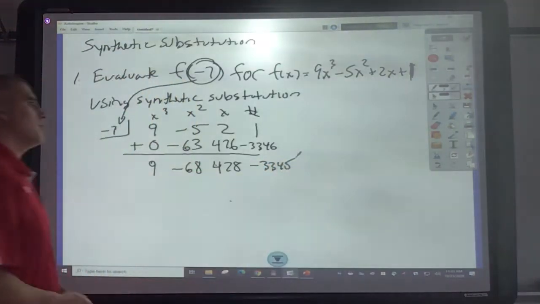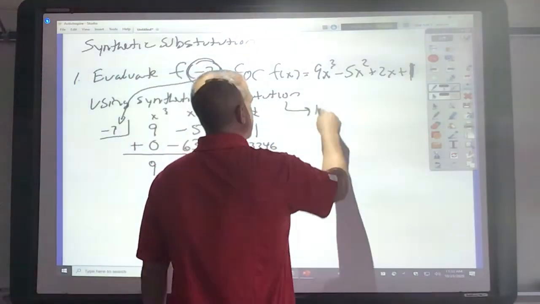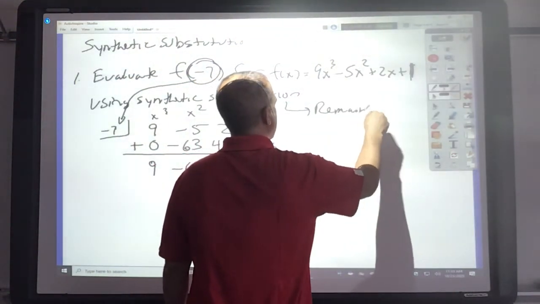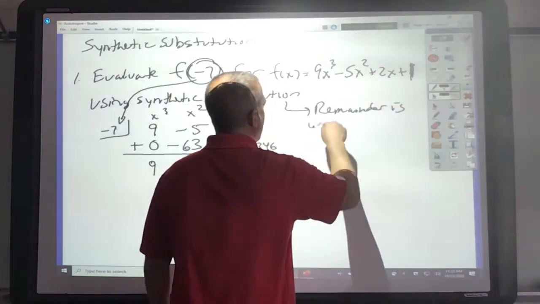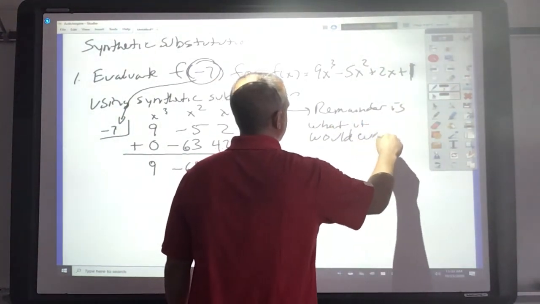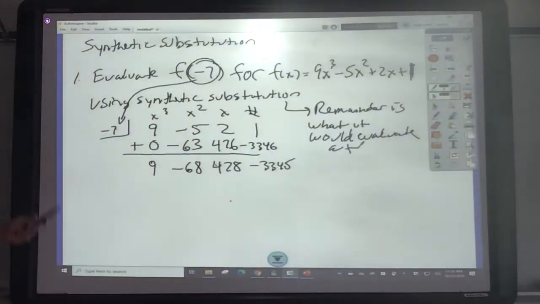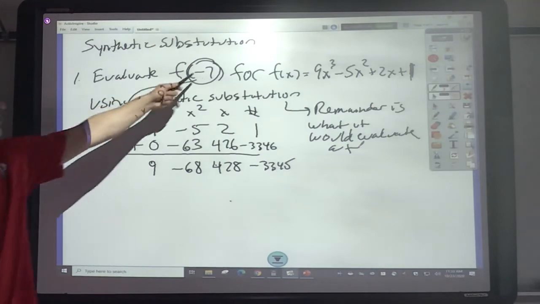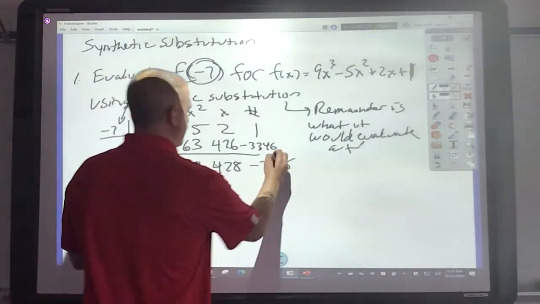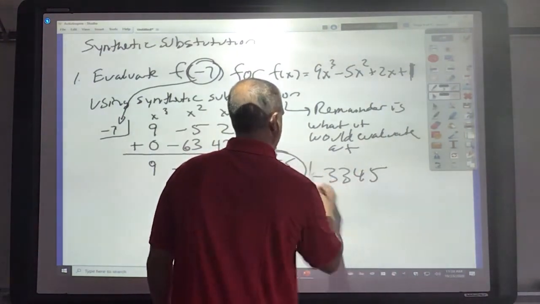Now, basically what synthetic substitution says is the remainder is what it would evaluate at. Okay? So basically, if you use synthetic division and substitute that number, whatever is the remainder ends up being what I would evaluate at.